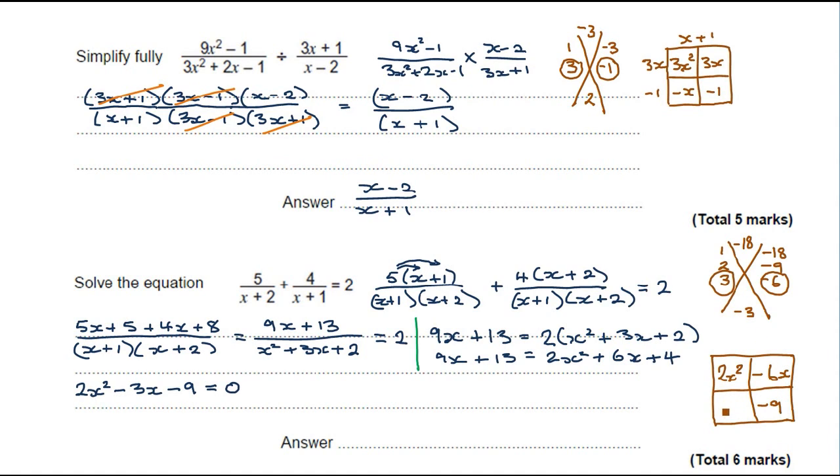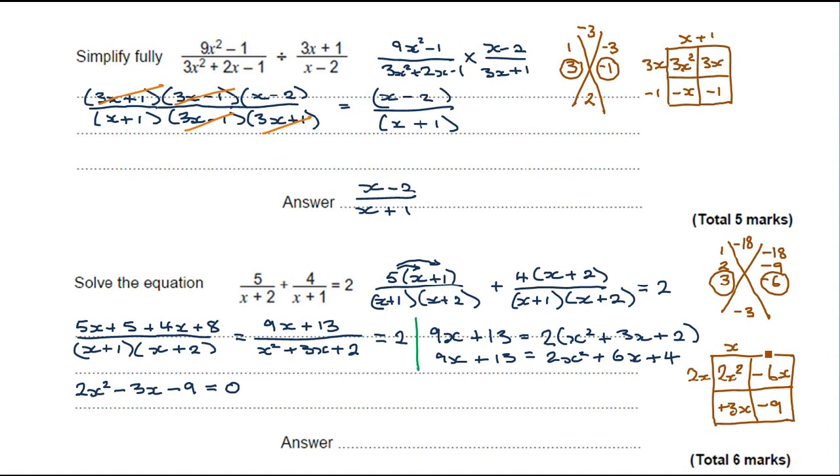So it's going to be made up of a minus 6x and plus 3x. So we need to now find our factors. We're going to go along here. So let's have 2x here, see if that works. 2x times x will give us our 2x squared.